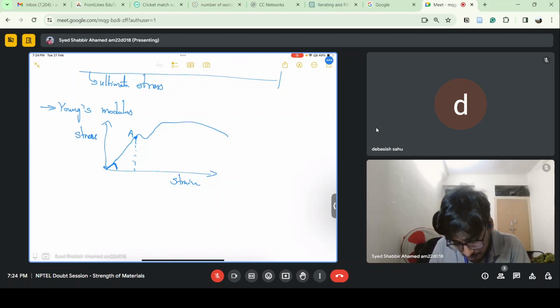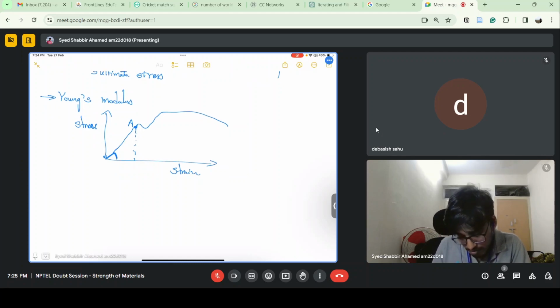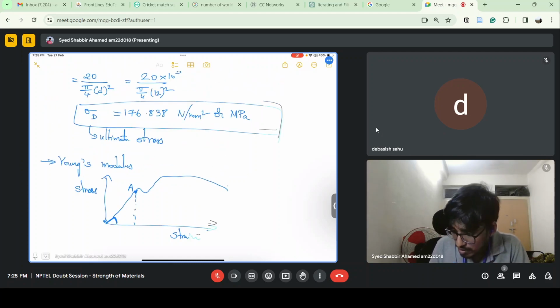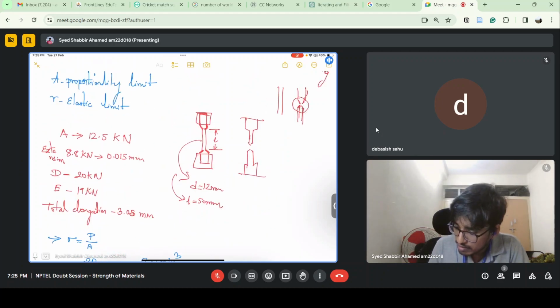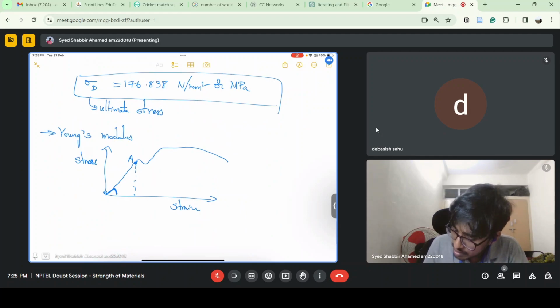So here, they have given the elongation at 8.8 kilonewton.